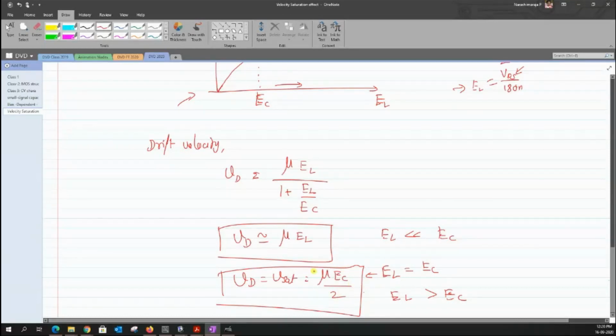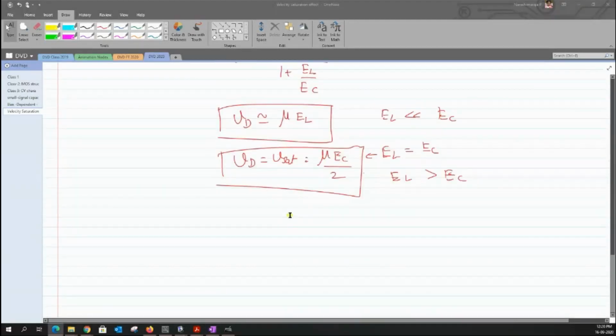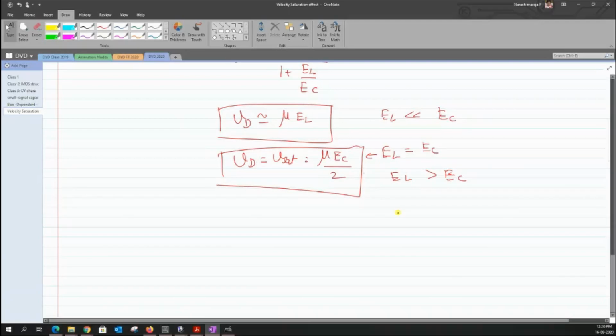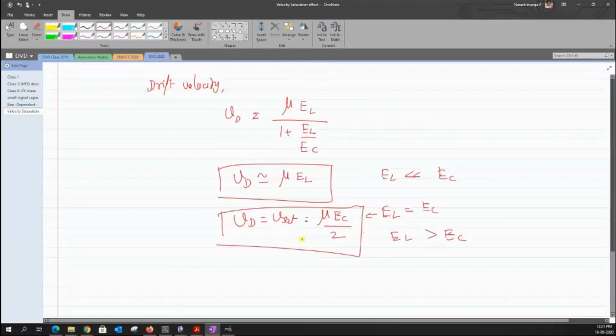Okay, I have a doubt. Yeah, sure, you can ask. Sir, if you increase EL, then won't EL by EC be more than 1? Yeah, the drift velocity is actually being remapped into this expression, so we will not be utilizing that expression. This is for the case when I am having an electric field that is less than the critical electric field.